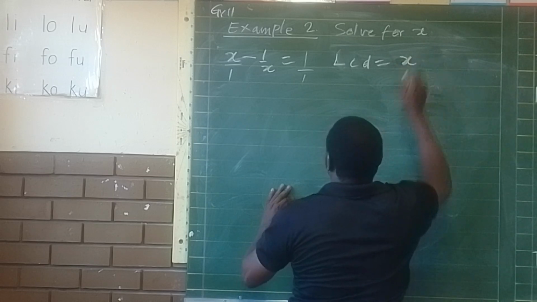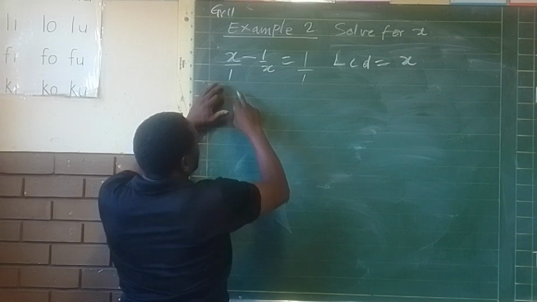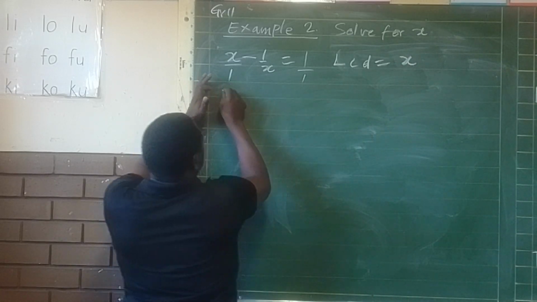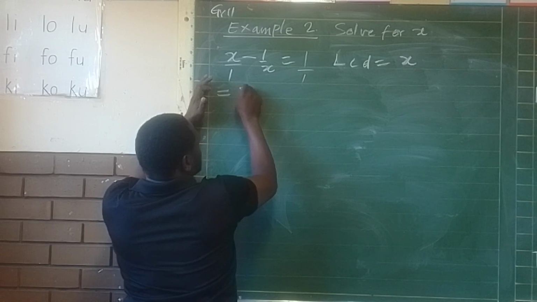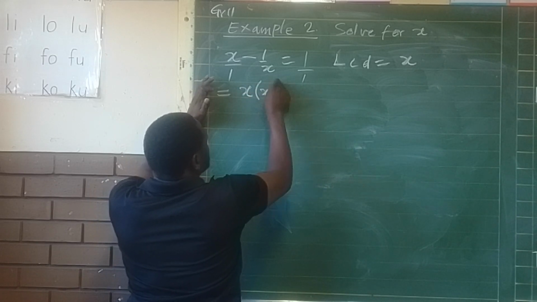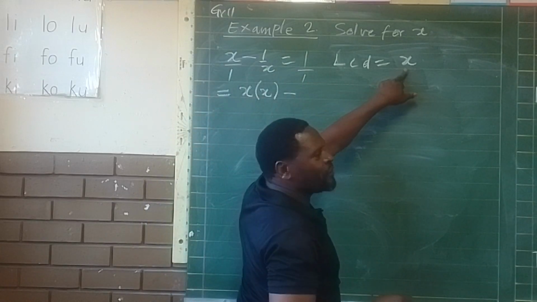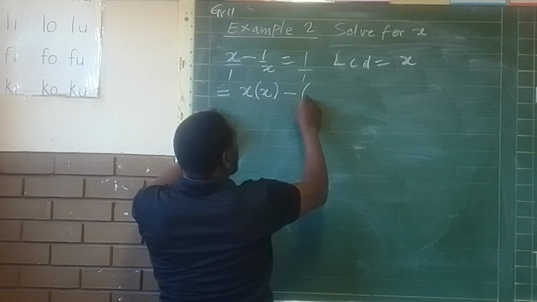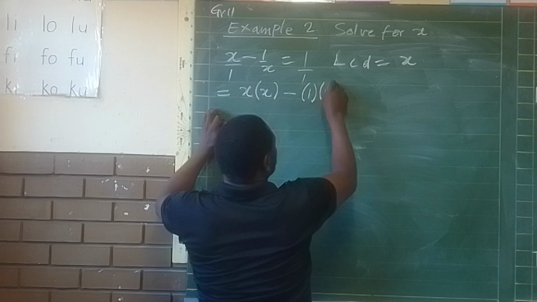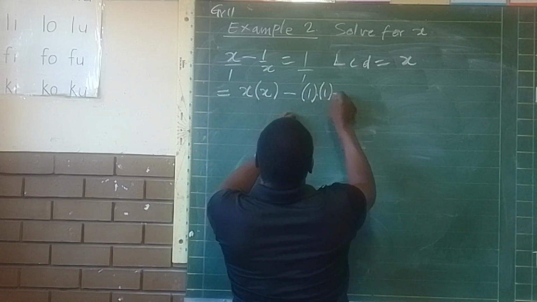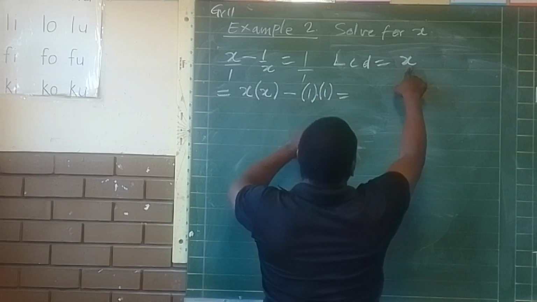LCD is equals to x. 1 goes how many times into x? Goes x. X times x, it's x squared. Minus x goes how many times into x? Goes once. 1 times 1 is 1. 1 goes how many times into x?